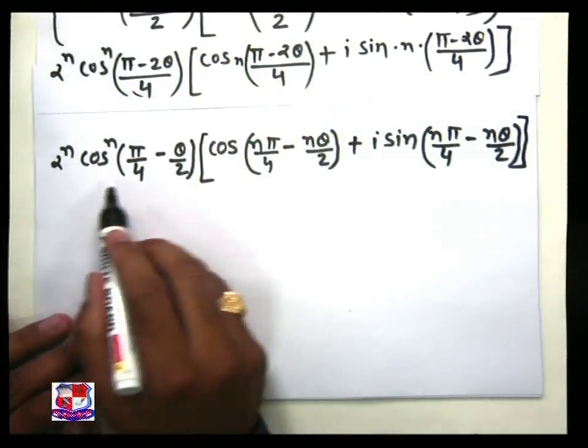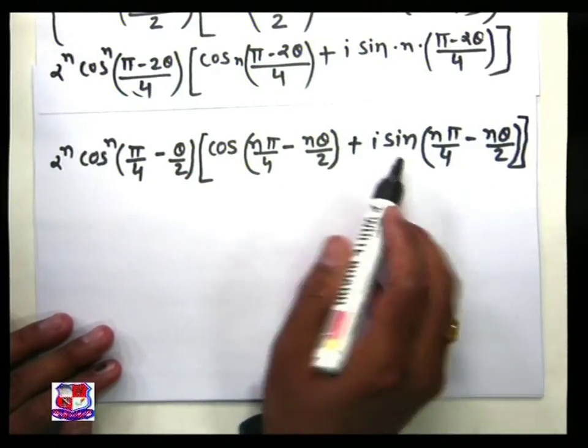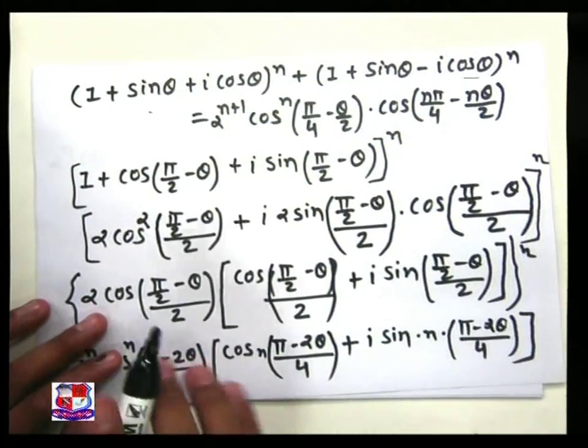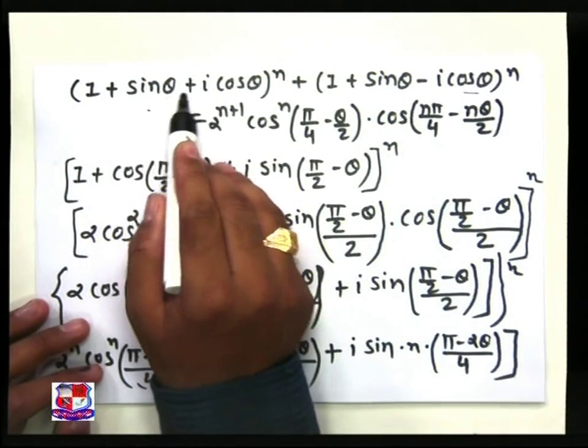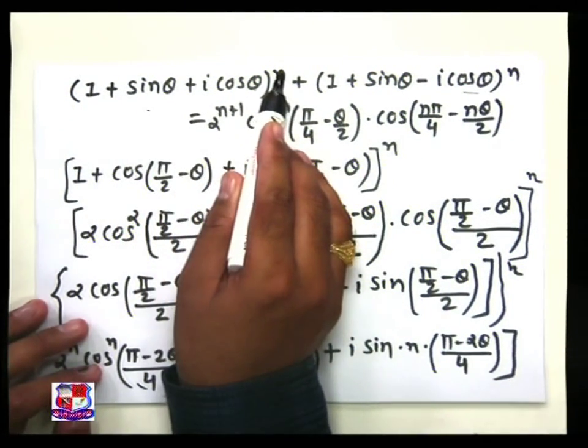So this step is the simplification of only this term, 1 plus sin theta plus i cos theta raised to n.